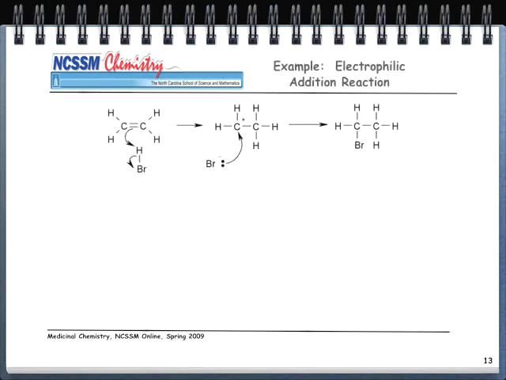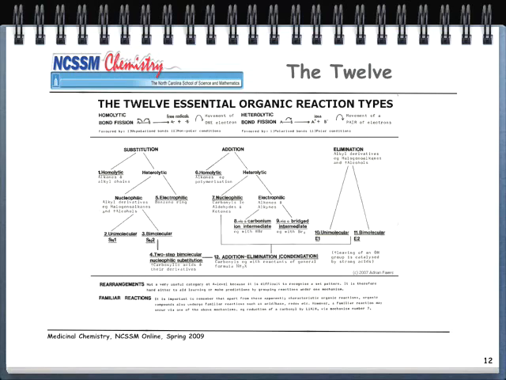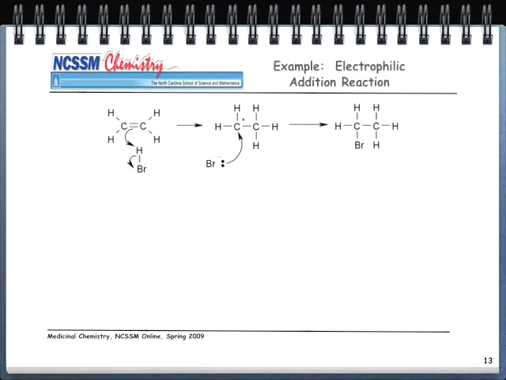Okay, as an example, let me go back for a second. You'll see in there one of the examples is what's known as an electrophilic addition. So I give you an example here. Okay, so here's an electrophilic addition reaction. So I'm going to react an alkene there. You see the C double bond C there. And I'm going to react it with hydrogen bromide.